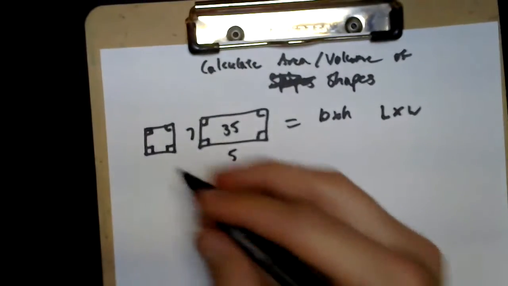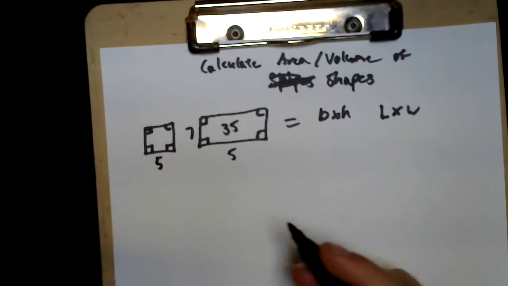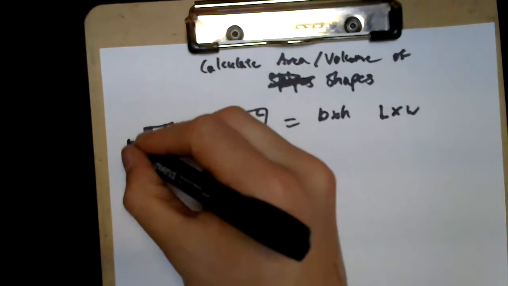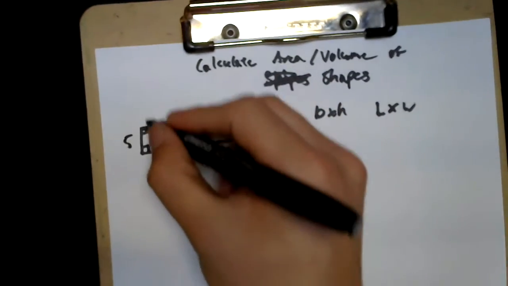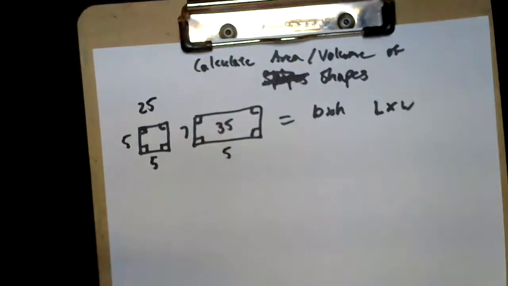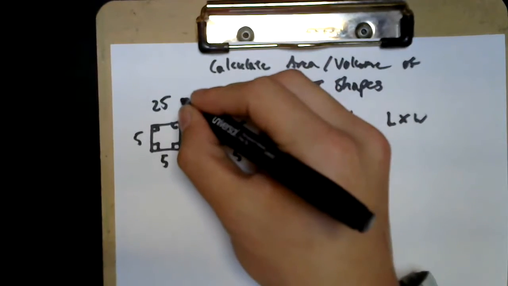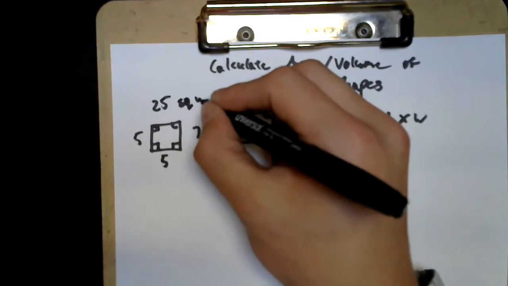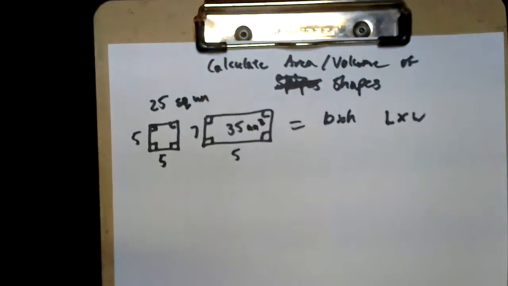For a square, if you have a length of 5, remember, squares have all equal sides. So each side length is going to be 5. So 5 times 5 is 25. Then it'll be all in squared units, or in this case, units squared.